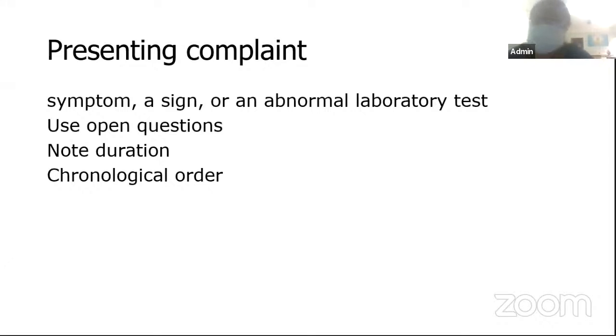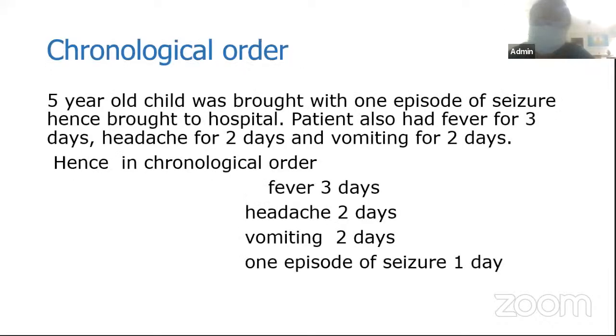You have to note the duration, and in detail, you have to evaluate the presenting complaint, and that has to be done in chronological order. What is the chronological order? Like a 5-year-old child presented with one episode of seizure, and hence admitted. The main presenting complaint will be seizure.